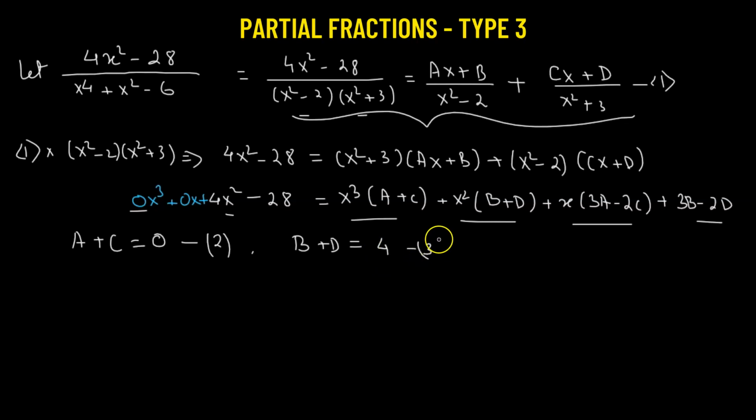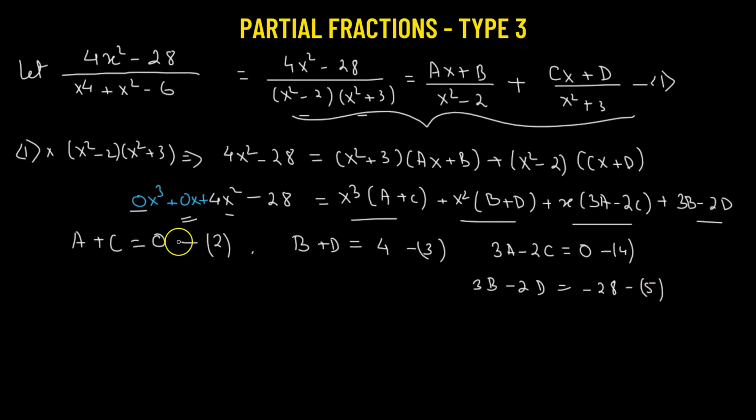Let this be equation number 3. Then 3a minus 2c, the coefficient of x on the right hand side, is equal to the coefficient of x on the left hand side, so that's 0. Let this be equation number 4. And finally 3b minus 2d, the constant term, is equal to negative 28. Let this be number 5.